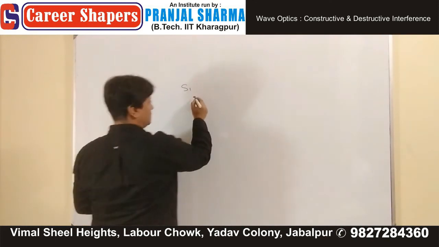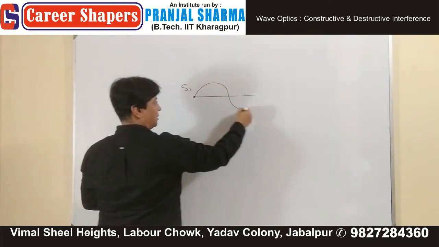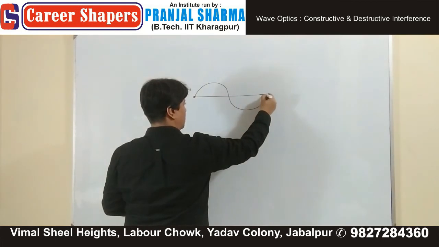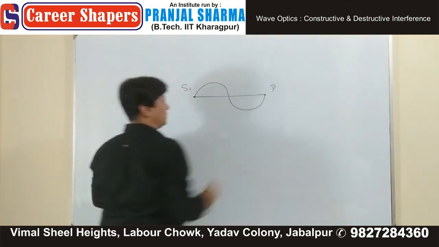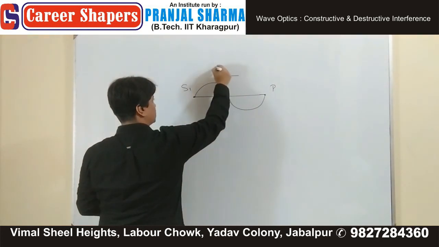This is S1. That's how wave reaches point P. And remember, we are drawing E versus X graphs.